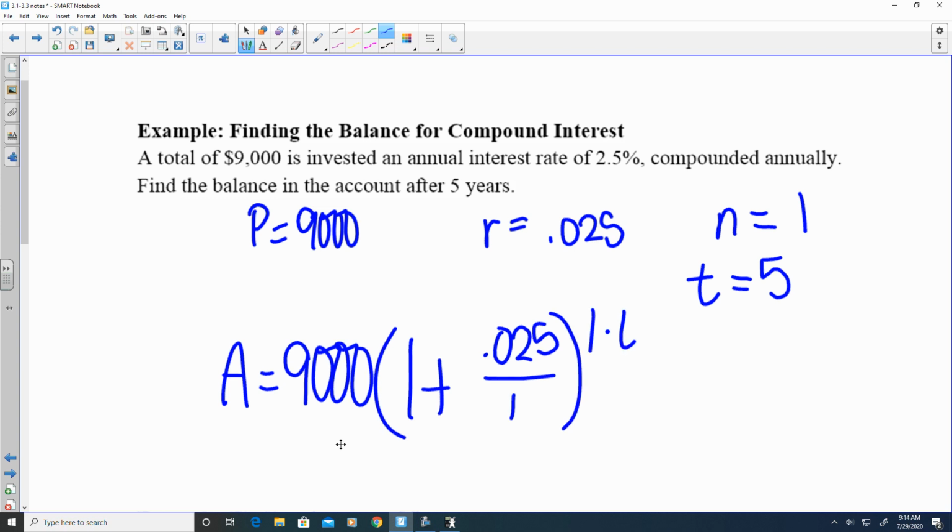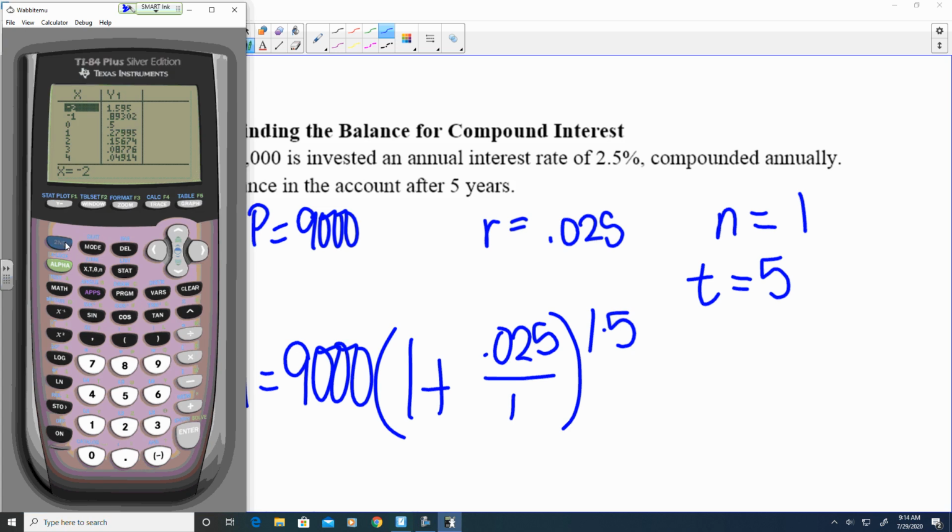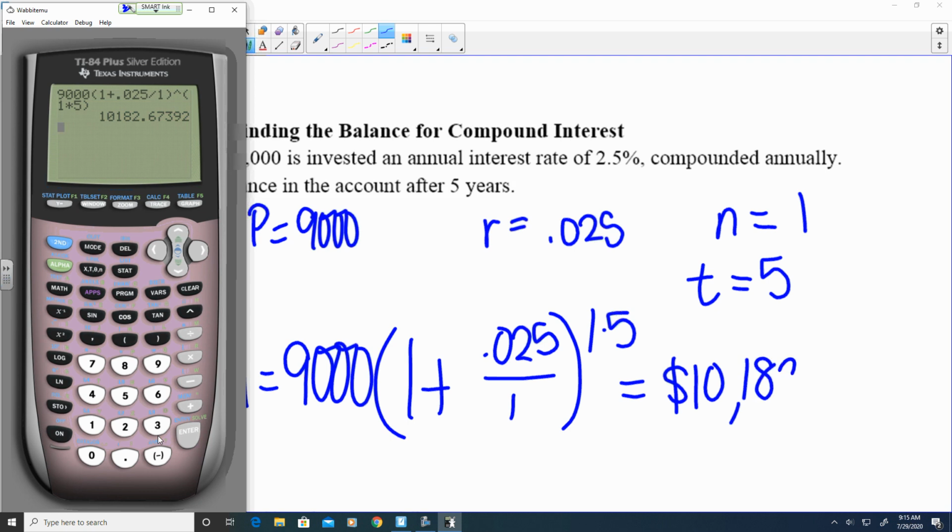Oops, that's a 5. And I can just type that into my calculator very carefully. Let me show you where those parentheses should go. 9,000, 1 plus 0.025 divided by 1, raised to the, and parentheses 1 times 5. 10,182.67 after 5 years.